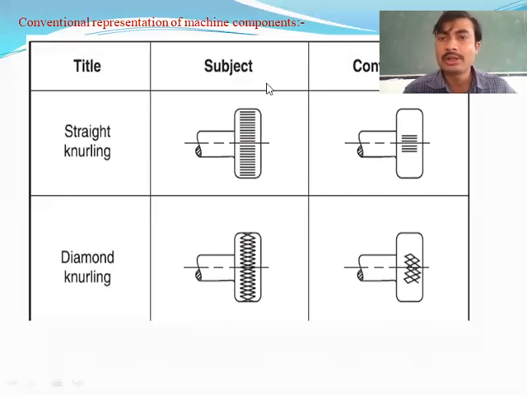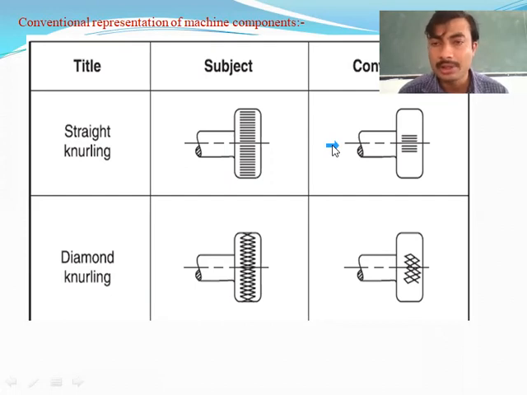Whenever you are asked to draw the conventional representation of straight knurling, you have to draw this one. This is known as the conventional representation of knurling. I'm going to indicate it by the arrow mark. Whatever arrow mark you are going to see on the screen is the conventional representation of straight knurling.